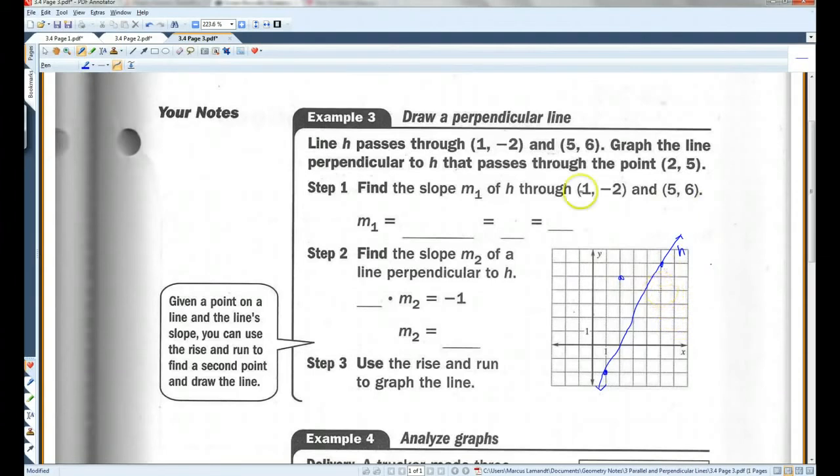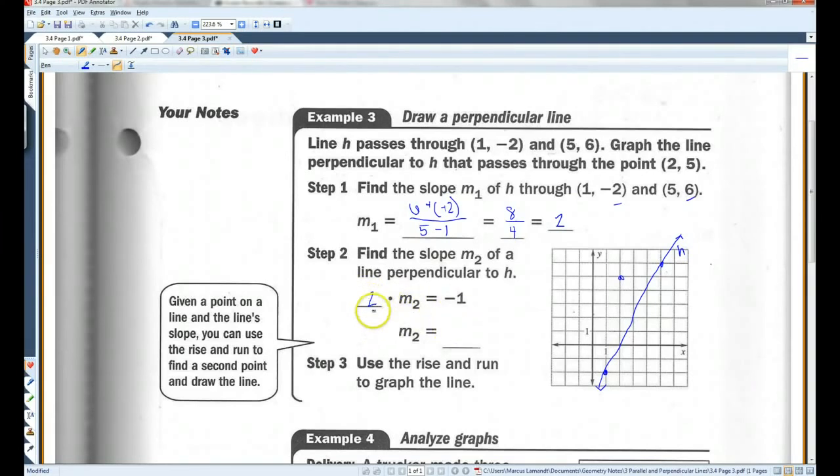Okay, first step. I need to find the slope of this line. So I'm going to use my y's. 6 minus -2 over 5 minus 1. These become positive. 6 plus 2 is 8. 5 minus 1 is 4. 8 divided by 4 is 2. Okay, now, they have this method where I take this and I go, okay, what do I have to multiply 2 by to get -1?